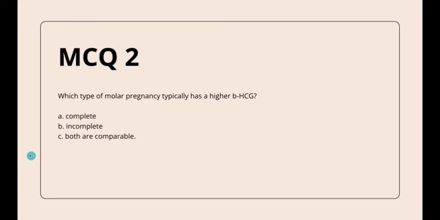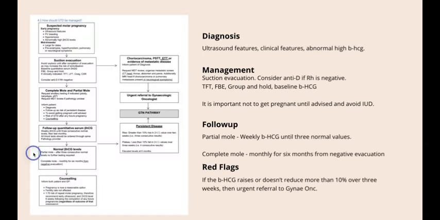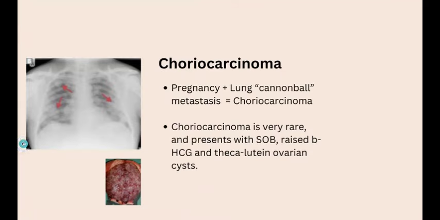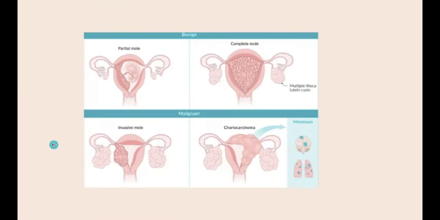I'll show you, we'll go back a few slides. You probably remember this one we just went through. So this is the partial mole, and you can see it's quite a lot smaller, and this is a complete mole over here. So as you can see, a lot more trophoblastic proliferation, and it comes back to that mnemonic we had, which is completely trophoblastic.